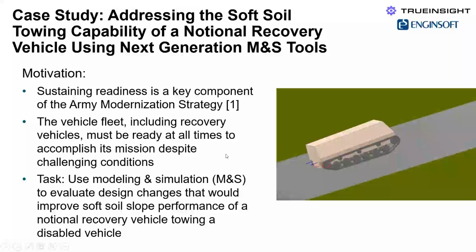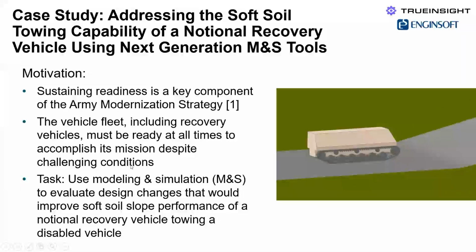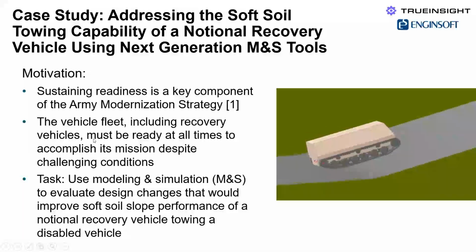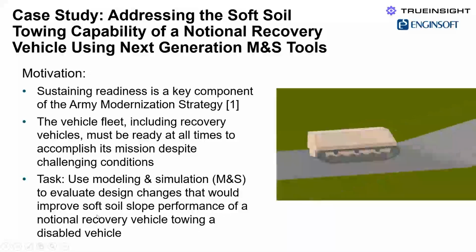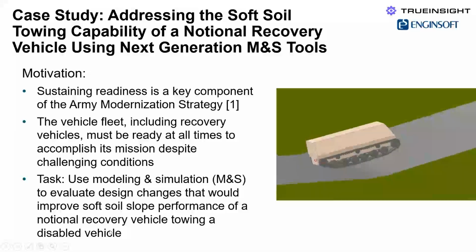So, having this availability means that the recovery vehicles are needed, but the recovery vehicles themselves must also be highly reliable. In this case, we're going to use modeling and simulation to evaluate design changes that would improve this towing capability up a slope, and to use the insights from that to establish what could be done to have an improved vehicle in the future.